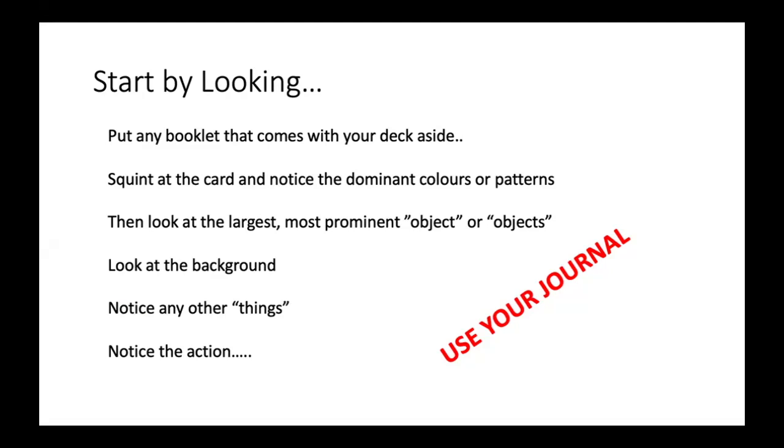So when you put at the top of your journal page, the Empress, and you start to think about all of these things, the first thing that should be underneath is a series of immediate things you notice. And then the more detailed stuff can be added as we go through and you become more and more familiar with each of the cards.